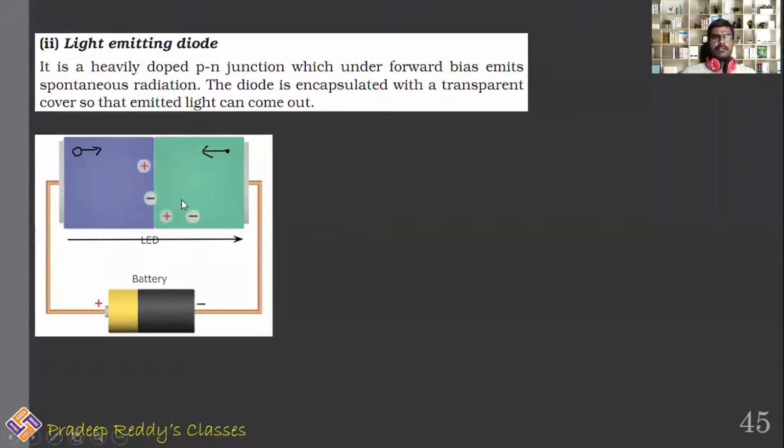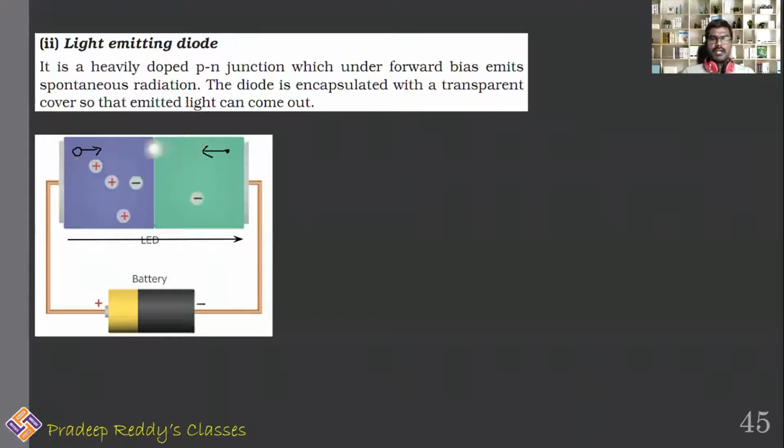Students, you can see the animation which is provided here. From the n type, electrons are forced to move to the left side, and from the p type, holes are forced to move to the right side. As the electrons and holes are moving in opposite directions, they come closer to the depletion region, as shown in the animation. And when the positive and negative charges recombine with each other, they release some energy.